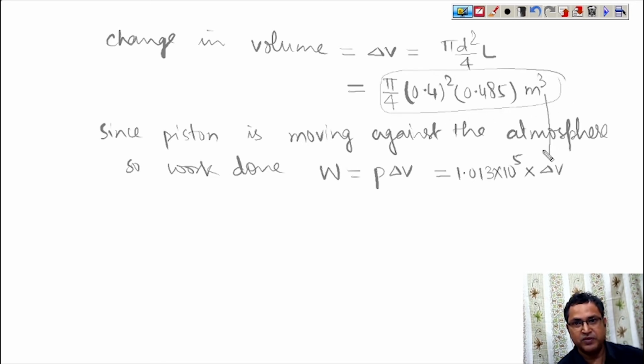We can put the value here. So the work comes to 6.1754 kilojoule, this much work has been done.